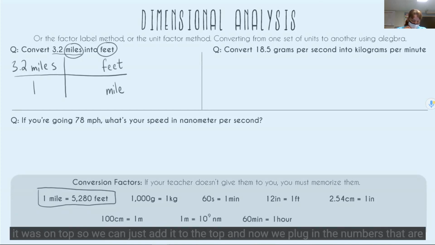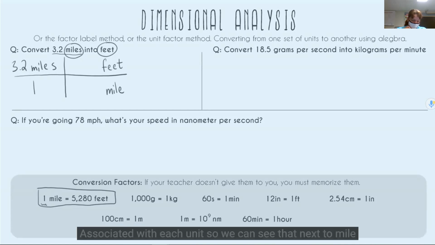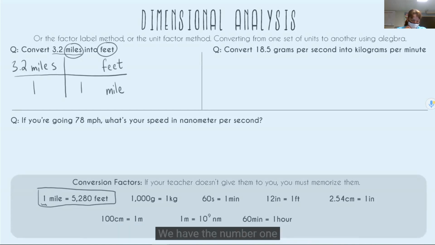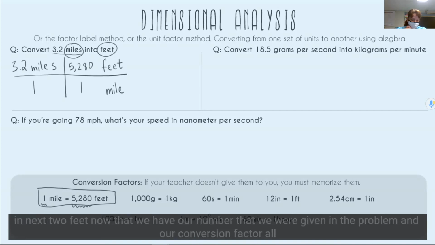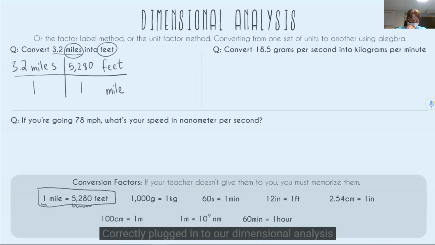And now we plug in the numbers that are associated with each unit. Next to mile, we have the number 1, so that gets written in next to mile. And for feet, we have 5,280, and that's going to get written in next to feet. Now that we have our number that we were given in the problem and our conversion factor all correctly plugged in to our dimensional analysis, we can go ahead and cancel out miles, and then we'll end up in feet.